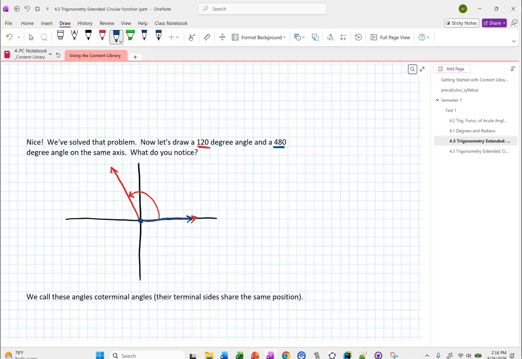So again, vertex and initial side. And then we'll count here. So 90, 180, 270, 360, 450, stop, and then 30 more. And what do we notice?